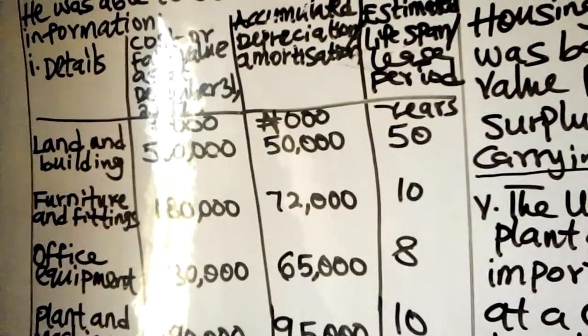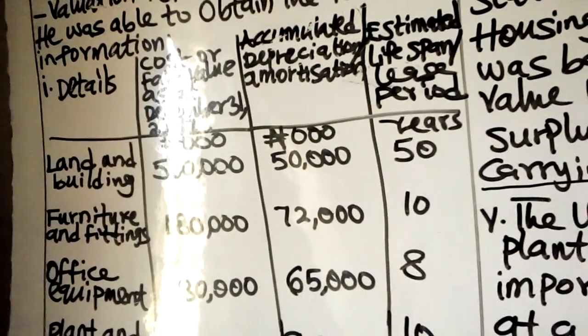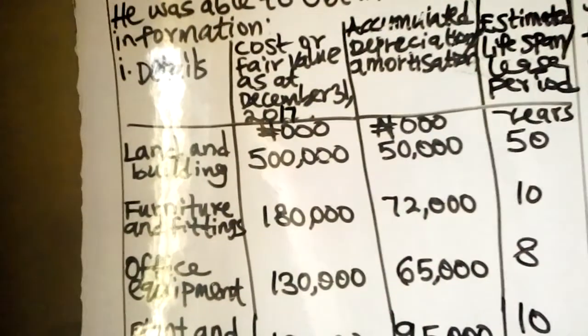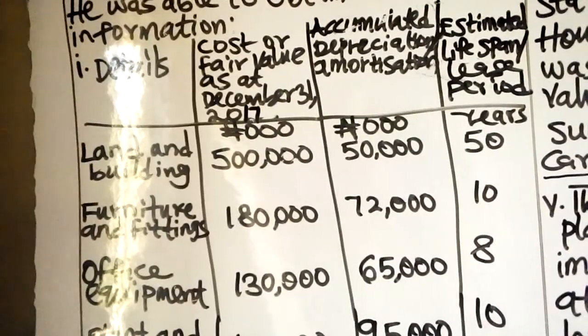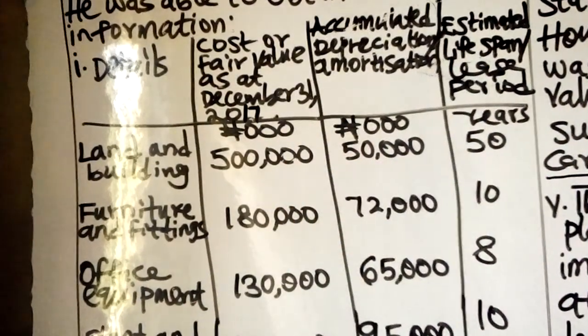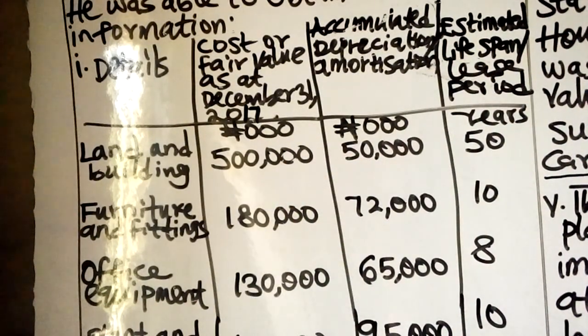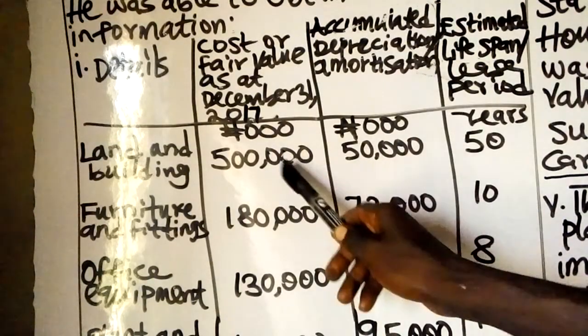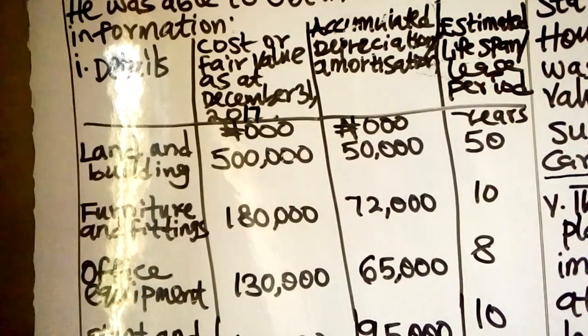Now, land and building, the cost as at December 31st, 2017, was 500,000. If this is the cost, ordinarily that would have been the carrying amount as at 1st of January 2018.